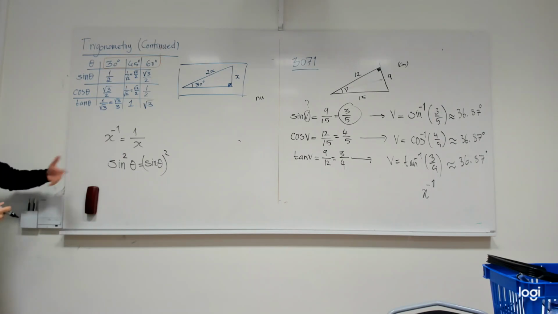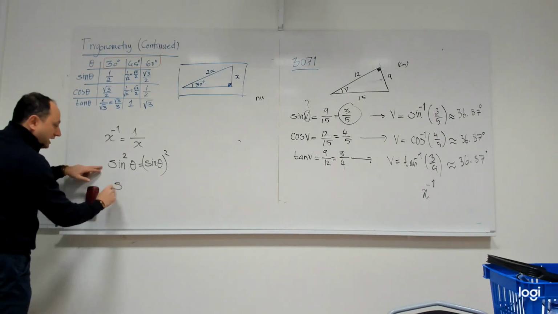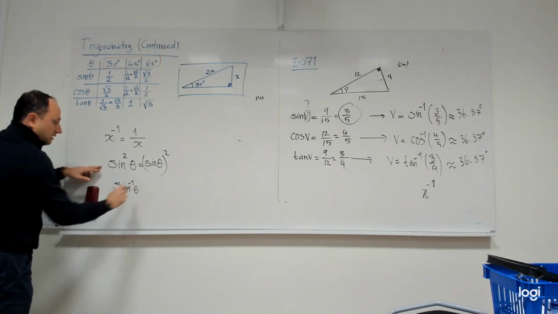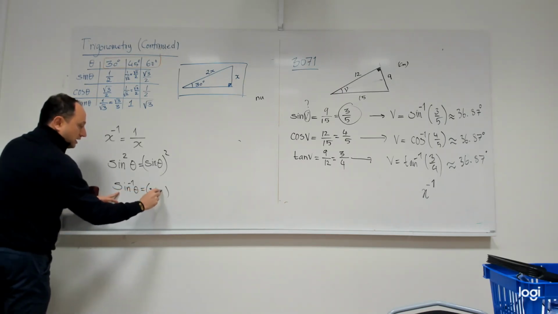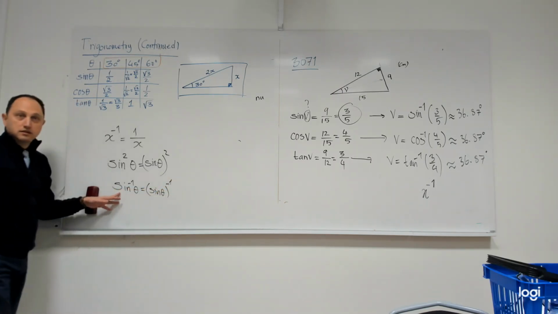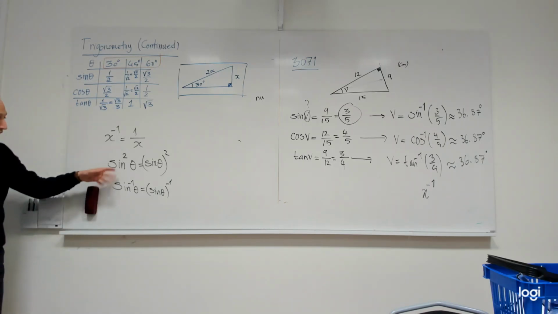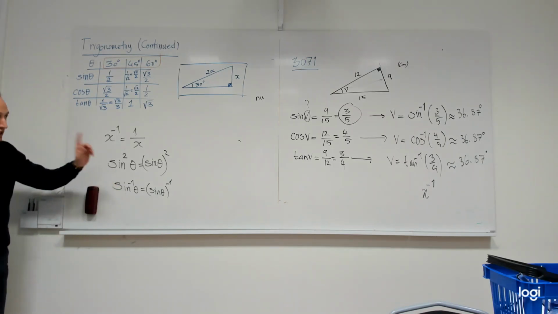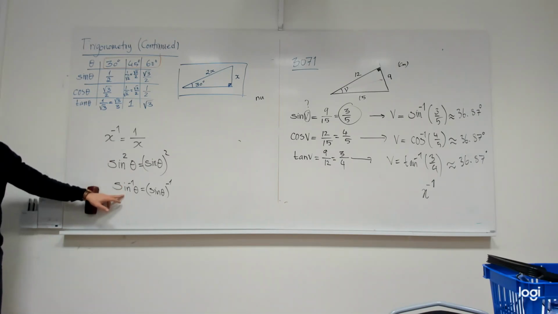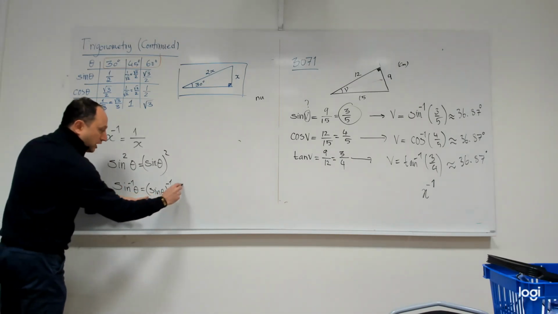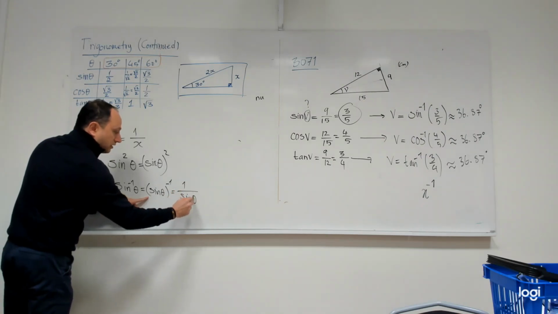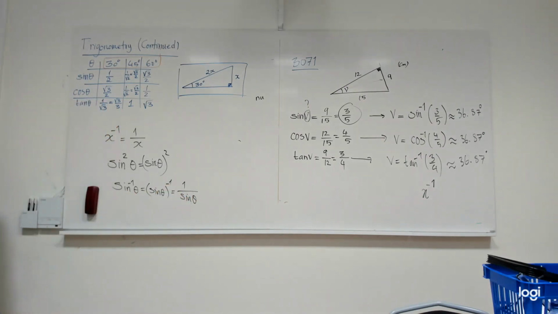Now, automatically, we think that this should also be the case for this one, yes? If you are thinking in that way, you need to be careful. This is not the interpretation. Because if you interpret it in that way, then you can write 1 over sine theta. Okay? This is why I'm saying it's unfortunate.